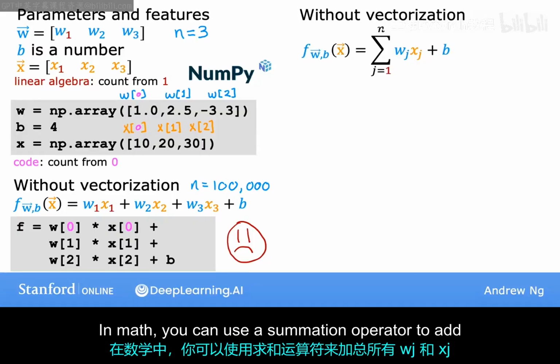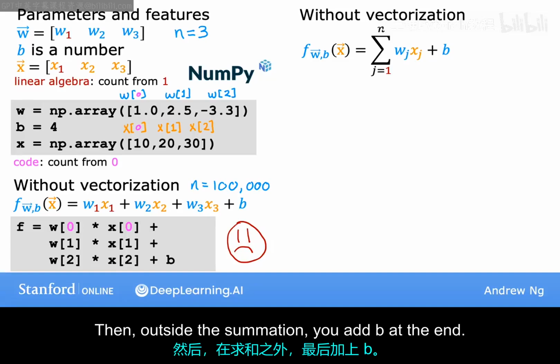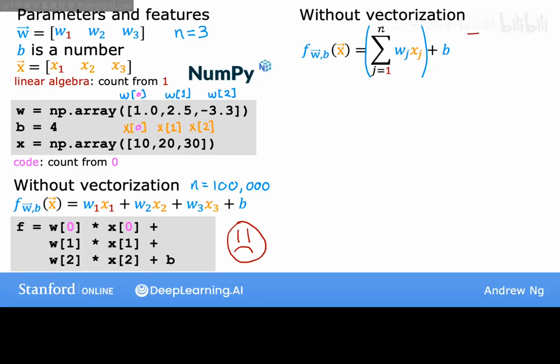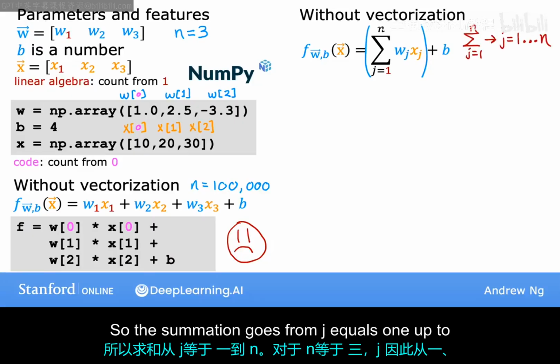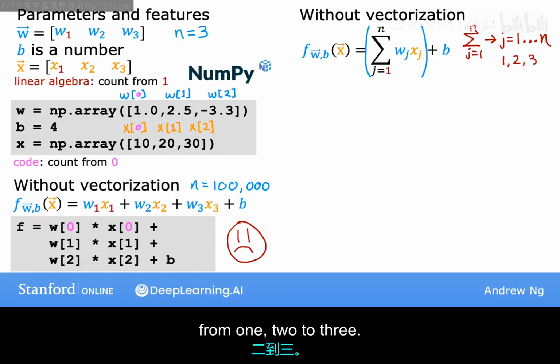In math, you can use a summation operator to add all the products of wj and xj for j equals 1 through n. Then outside the summation, you add b at the end. So the summation goes from j equals 1 up to and including n. For n equals 3, j therefore goes from 1, 2 to 3.